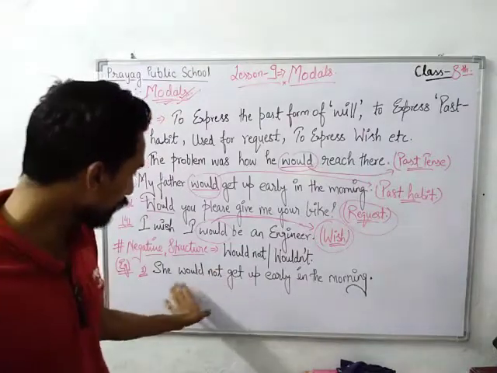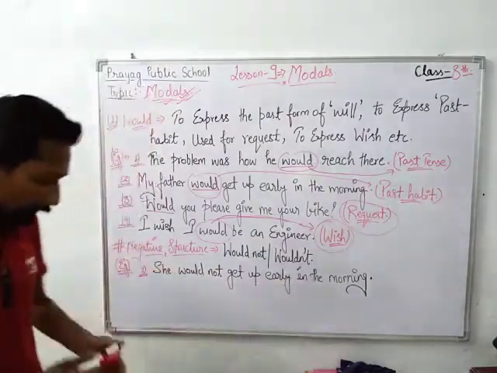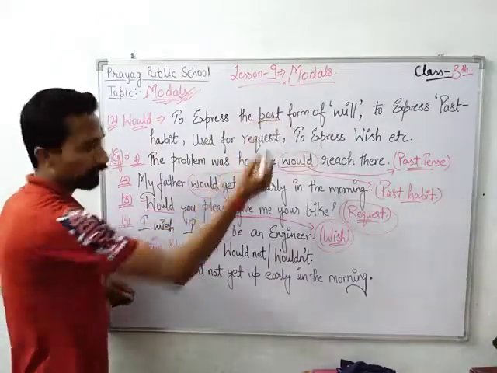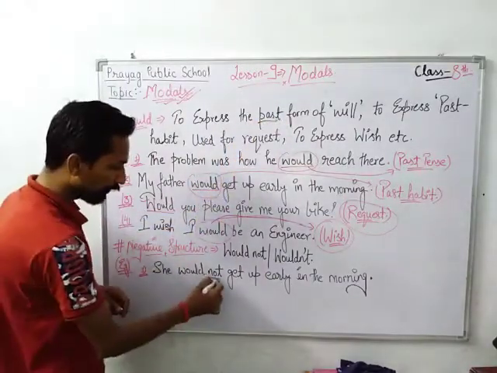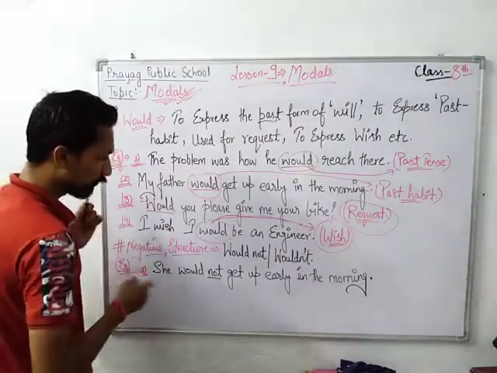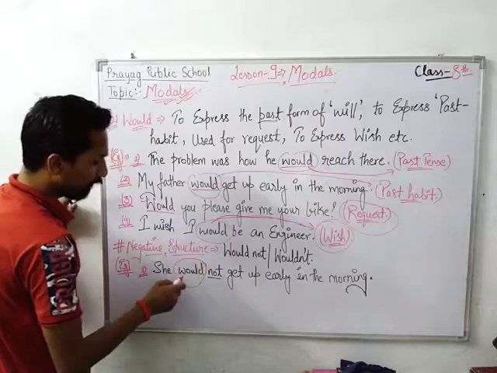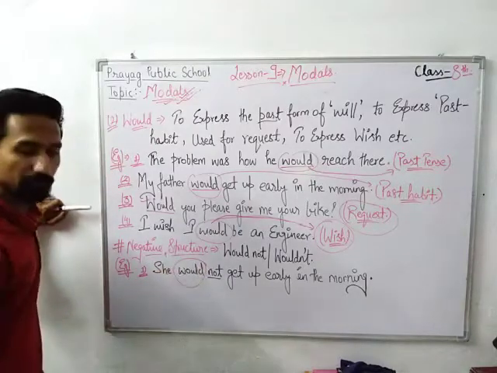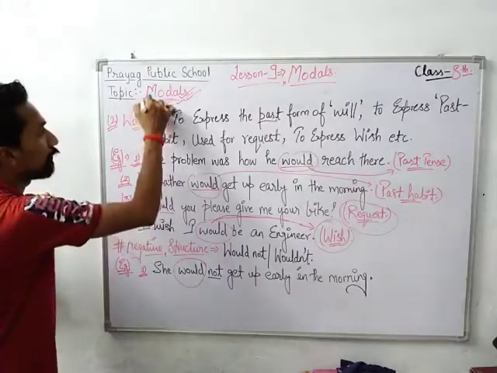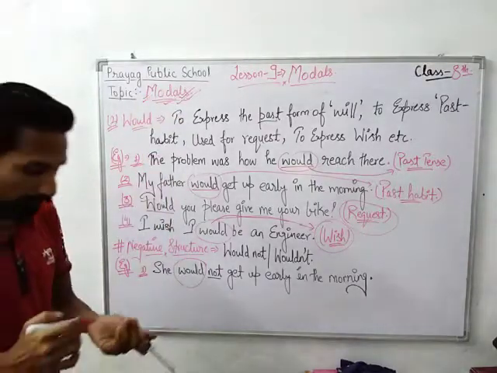So would not is expressing the past time, and not is expressing the negative sense within the sentence. So this would again expresses the past, and you can see the mood of the speaker, and that is why it is falling under the category of modals, right?